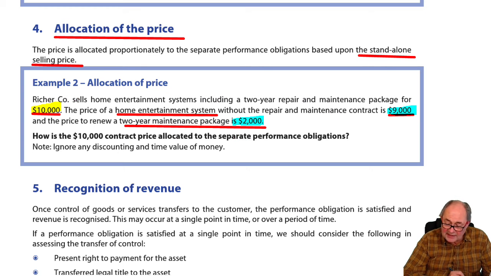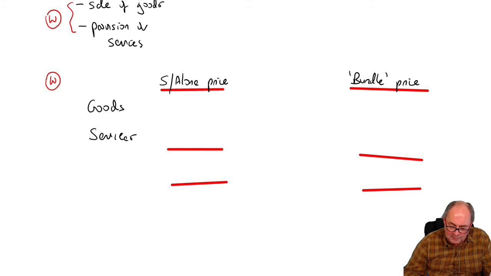The standalone price of the goods is 9,000 and the services is 2,000. I'm looking there at the blue numbers. That's 11,000.